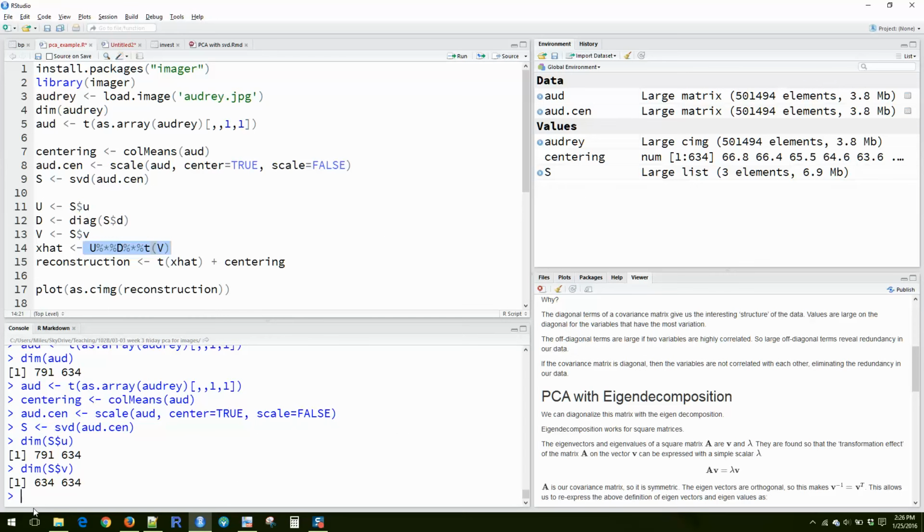If I were to try to plot any of these things by themselves, it would not make sense. But then when we multiply them together, we end up getting our image back, okay? So you can do U times D times the transpose of V, and this is matrix multiplication.